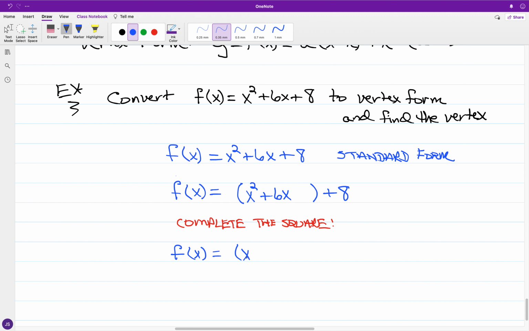You want your first term to be like 1x squared, 1y squared, 1b squared, whatever the independent variable you're working with is. You don't want any coefficient other than 1 in front of the square term.